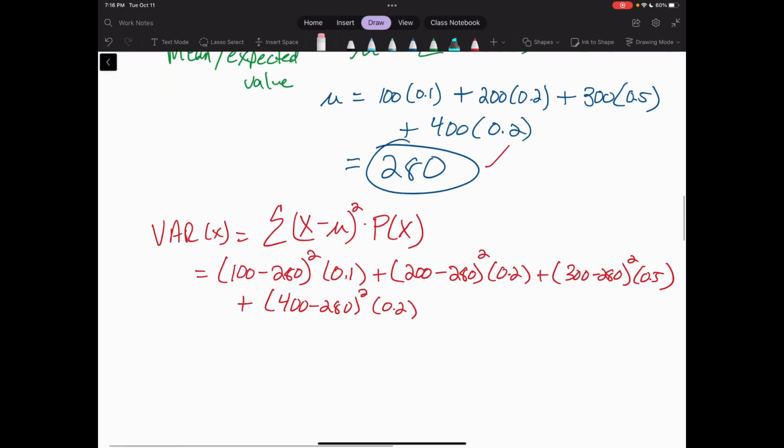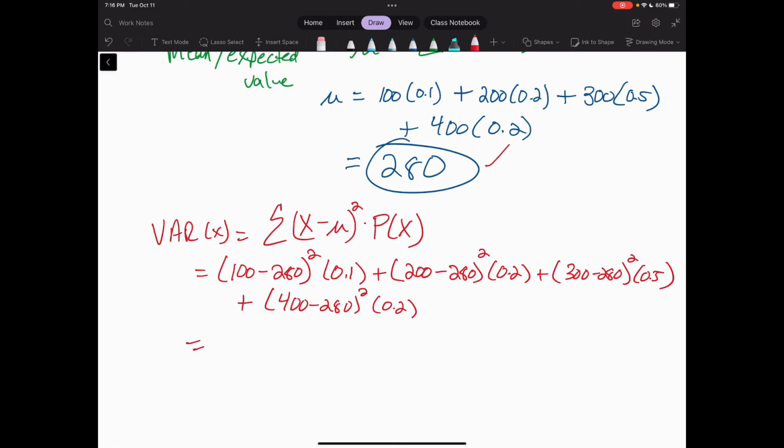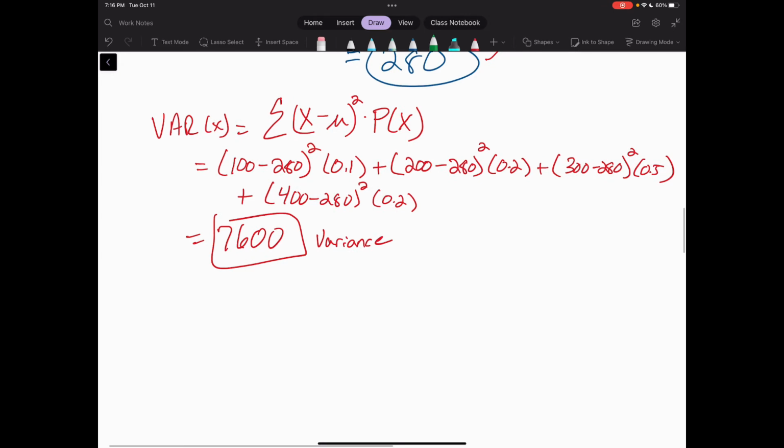Okay, so that is the variance. And lastly, to get the standard deviation of x, which is the sigma symbol, it is simply the square root of 7,600.